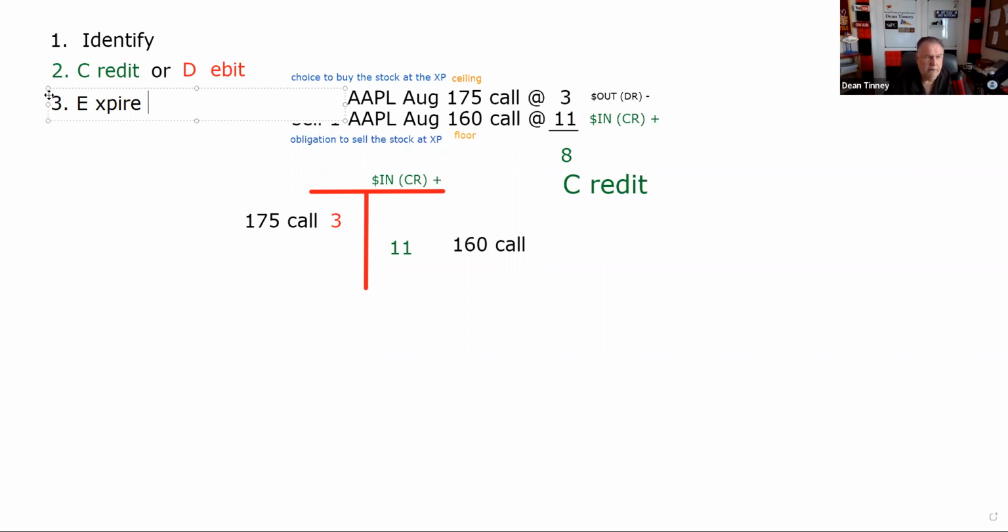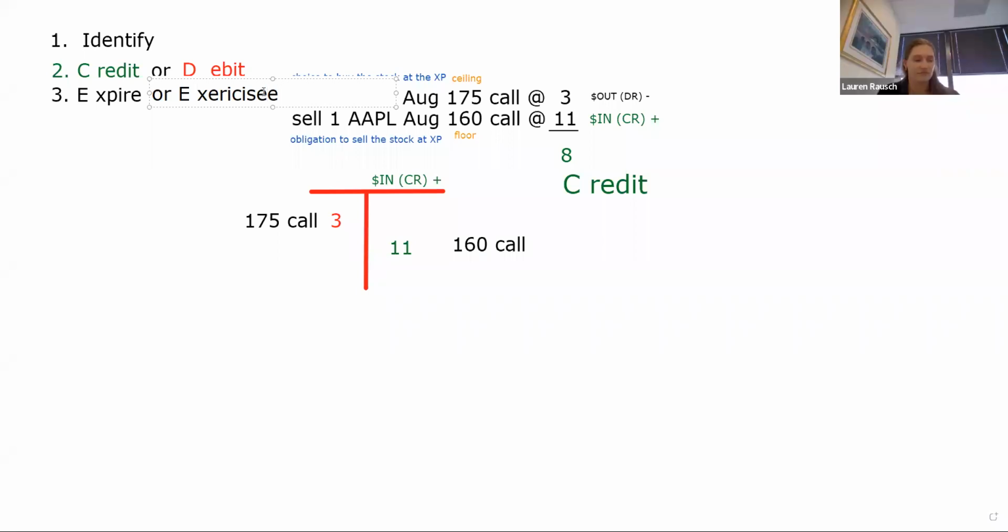When you get good, maybe you don't need to be menu driven as much as in the beginning, but in the beginning I would suggest you stay menu driven. At some point you can just look at it and say, well, if it gets exercised, I'd be buying Apple at 175 and selling Apple at 160. That doesn't sound good. But until you get to that, you want to stay menu driven.